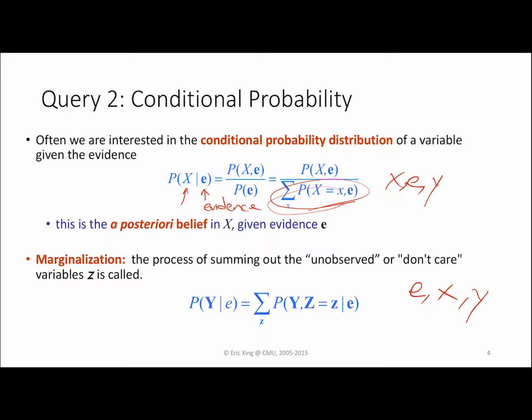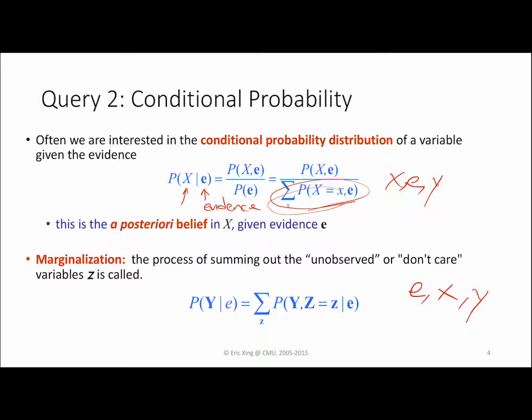So if you want to compute the posterior probability of x given y, e, or y given x, you have to integrate out all of those variables that you don't care about. So this entails being able to do inference in an efficient way.